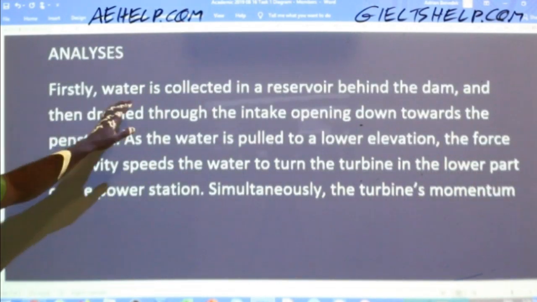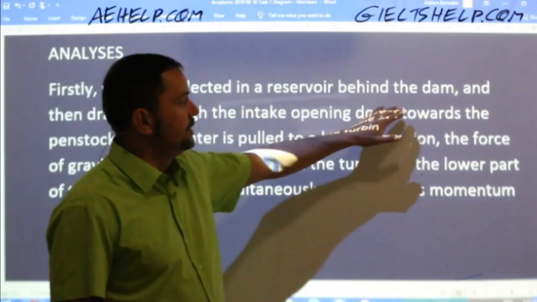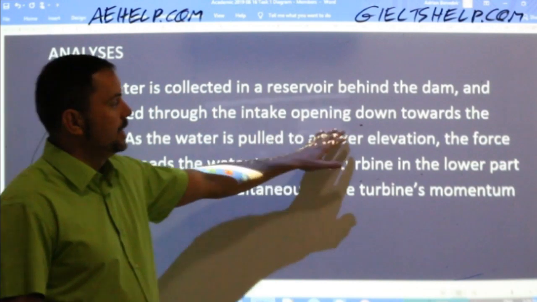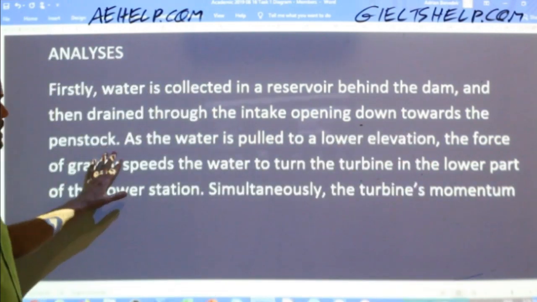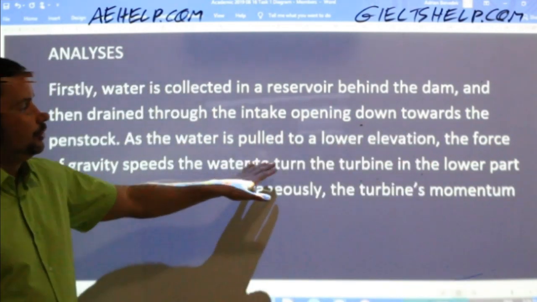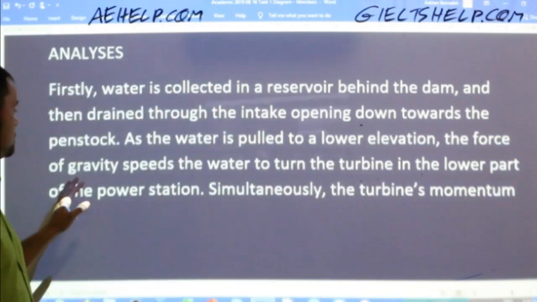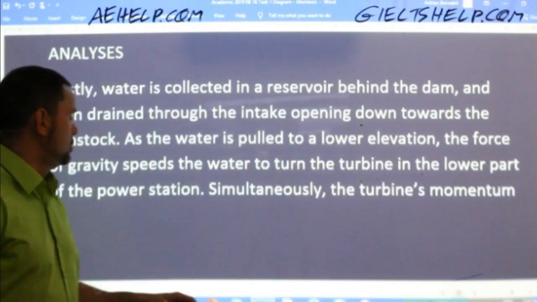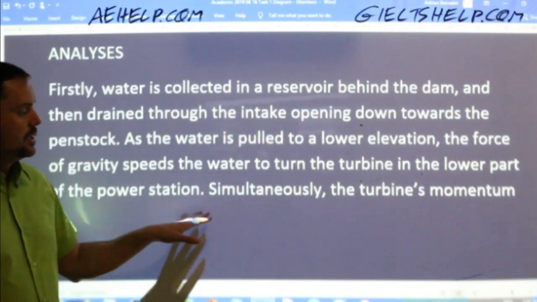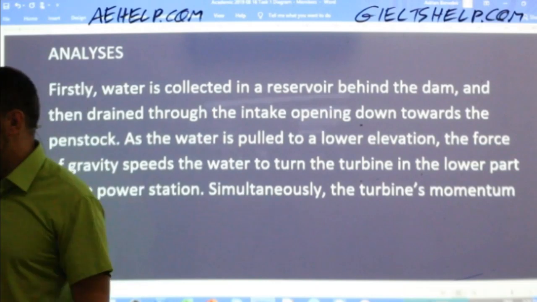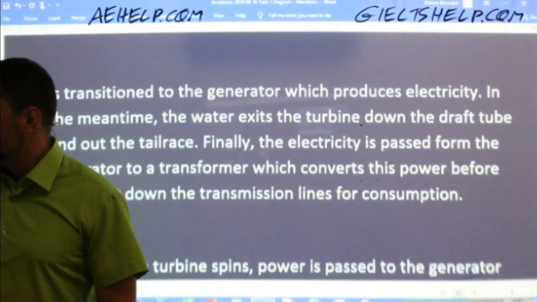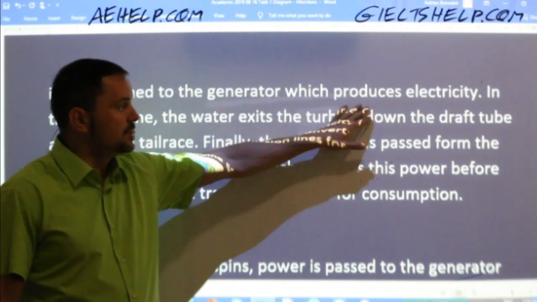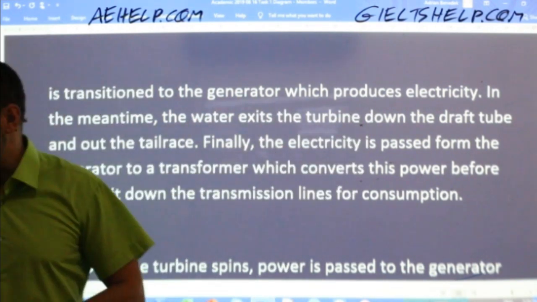Firstly, water is collected in a reservoir behind the dam and then drained through the intake opening down towards the penstock. As the water is pulled to a lower elevation, the force of gravity speeds the water to turn the turbine in the lower part of the power station. Simultaneously, the turbine's momentum is transitioned to the generator, which produces electricity in the process.